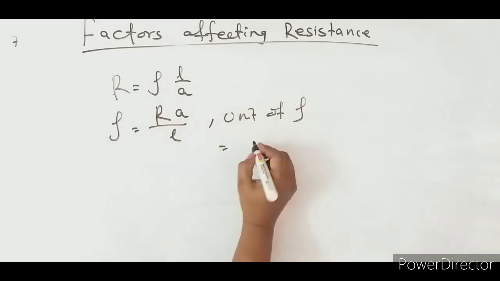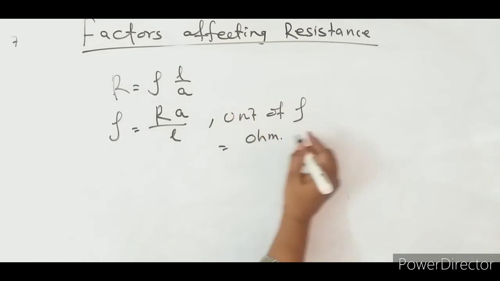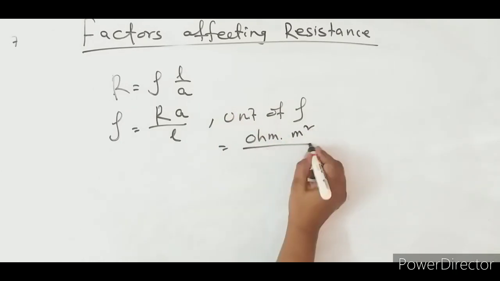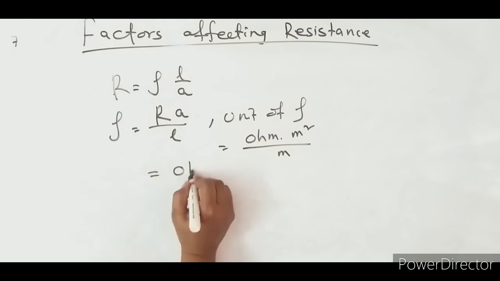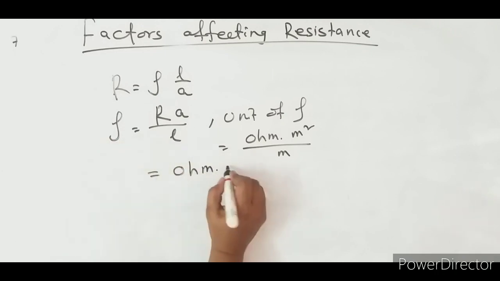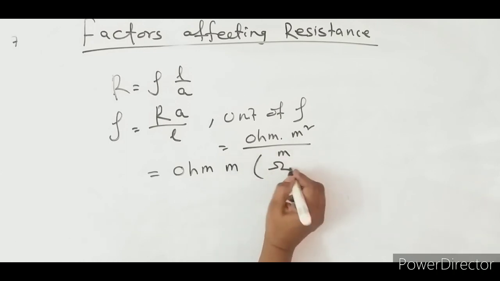R will be ohm, A will be meter square, L will be meter. So what we are getting? Rho equal to ohm meter. It is ohm meter.